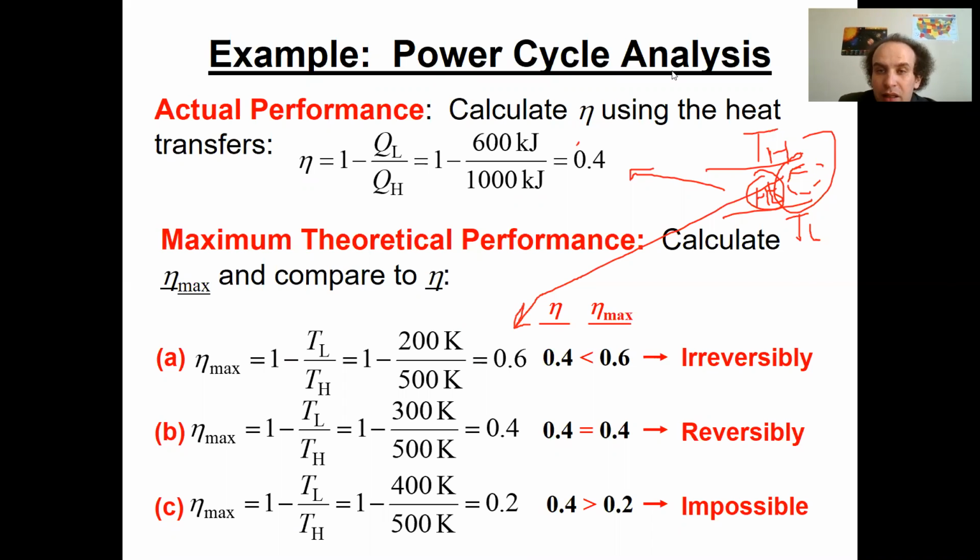You compare eta and eta maximal, and see. Again, please realize this is still a semi-quantitative analysis. Why semi-quantitative? Because we still don't say how far from ideality.